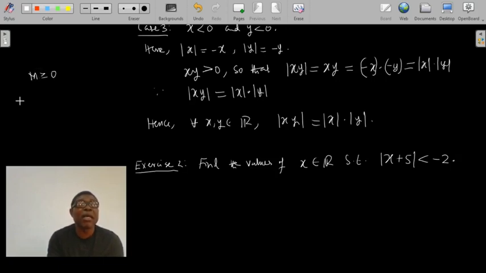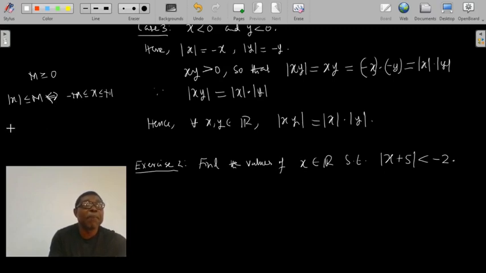And in that particular case, taking x in R, we had that the absolute value of x less or equal to m is equivalent to minus m less or equal to x less or equal to m.